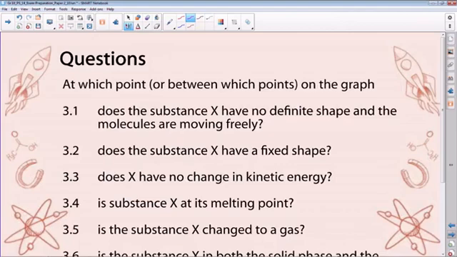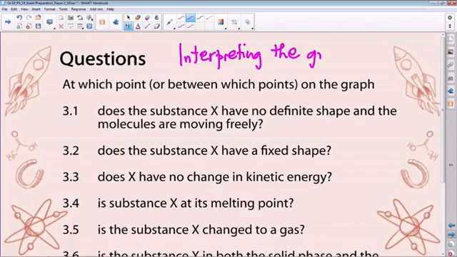It says here, at which points, we just have to use, in this case, we are interpreting the graph, which is a very critical skill in science, right? At which point or between which points? This could be an interval between 2 points. It's an interval, and then a point is at a specific time.